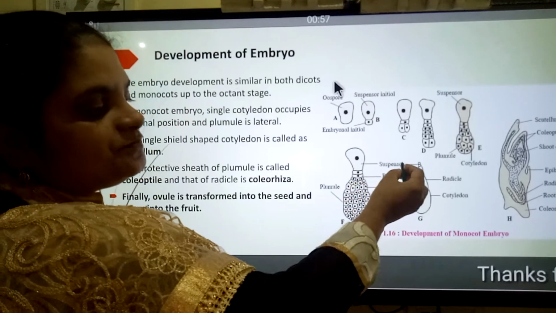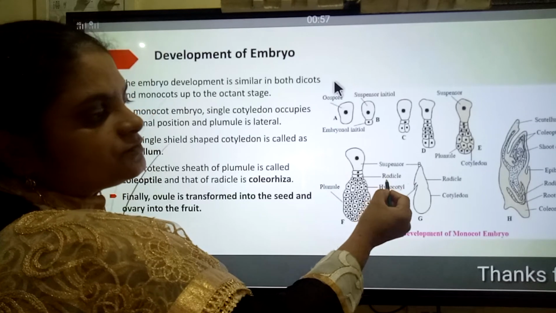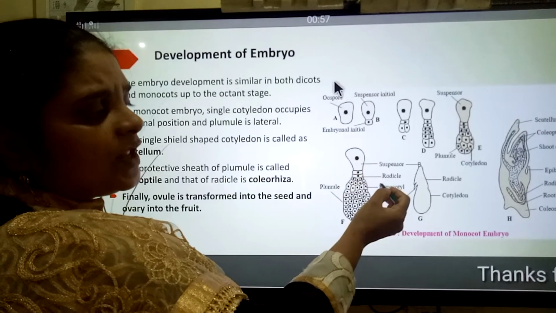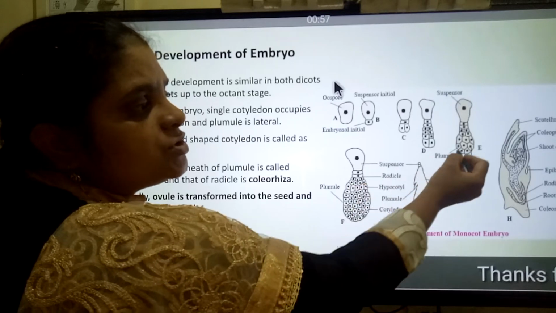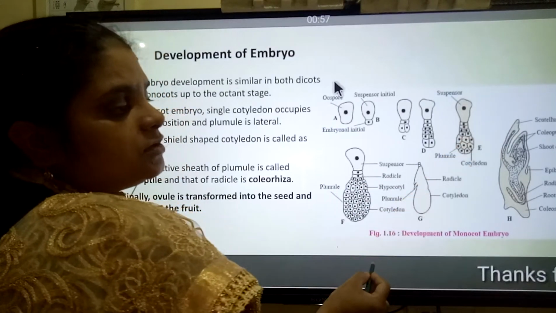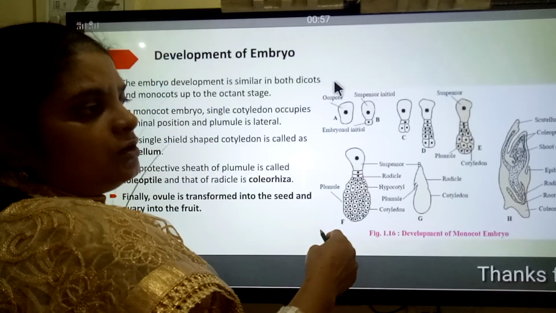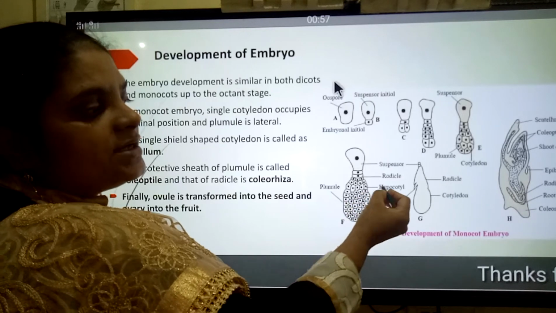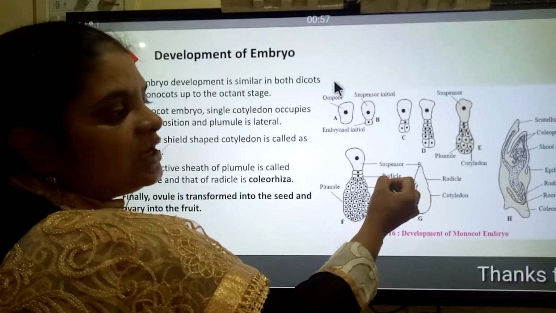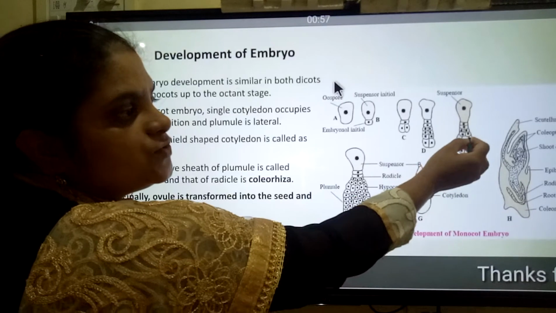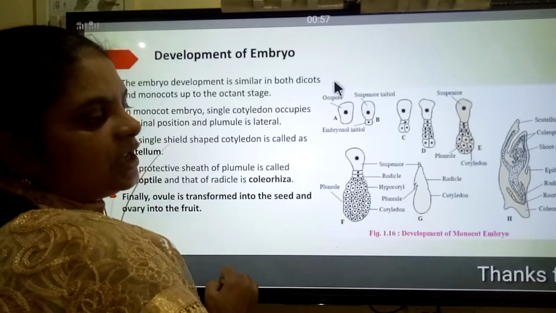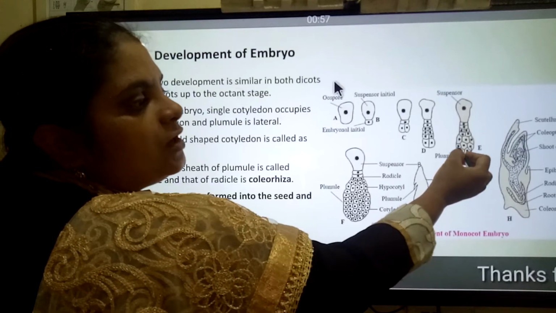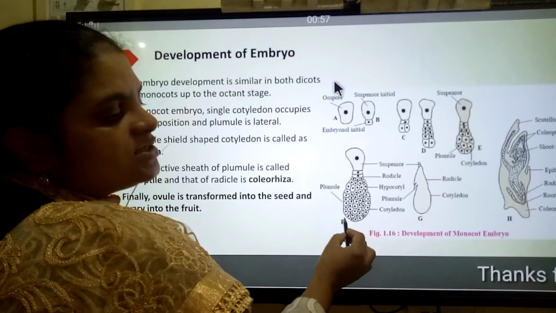Now in the monocotyledon, this is again the suspensor. Here is the lowermost 1, 2, 3, 4. These 4 lowermost tier cells divide and form the hypocotyl and radicle. This 4 cell tier divides and redivides and forms the radicle and hypocotyl, and the uppermost 4 cells divide and redivide.